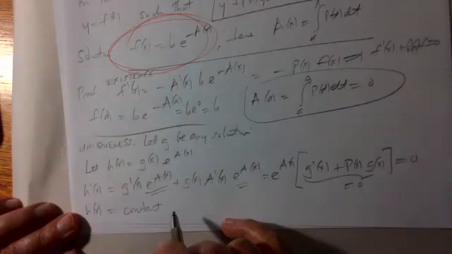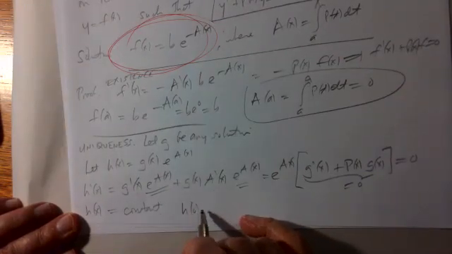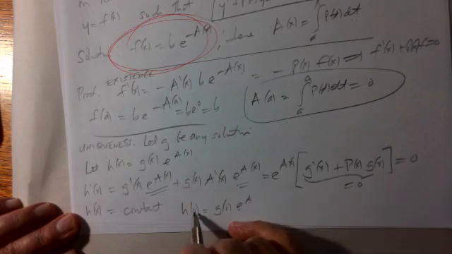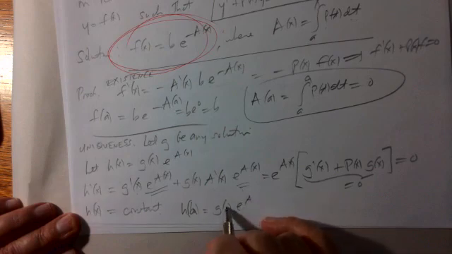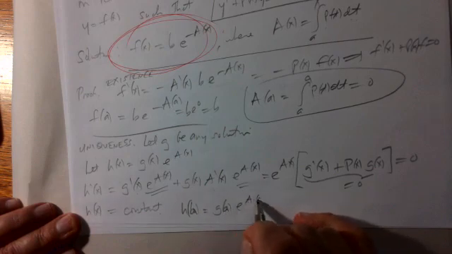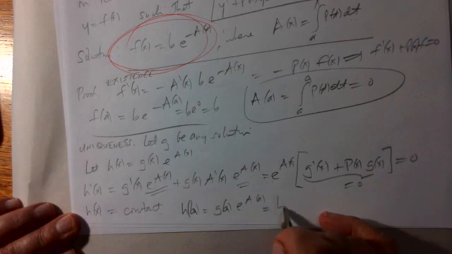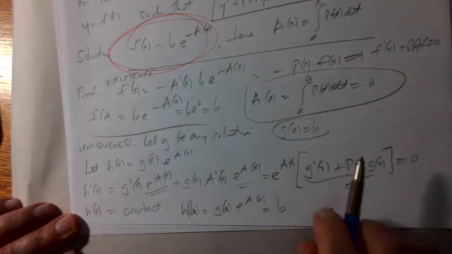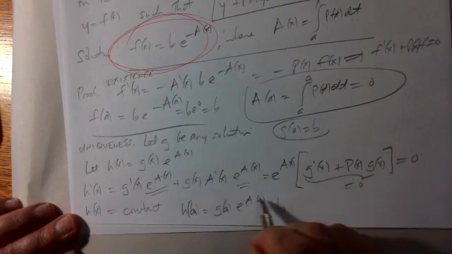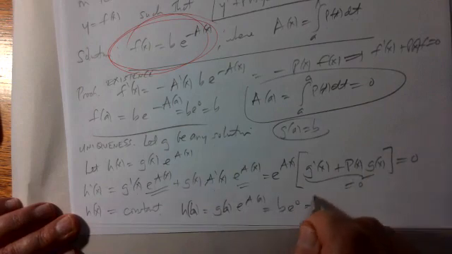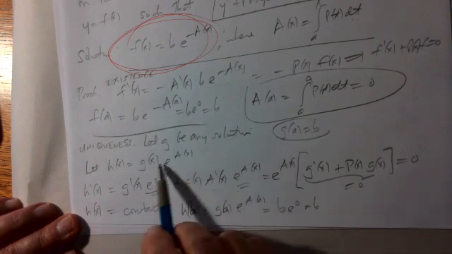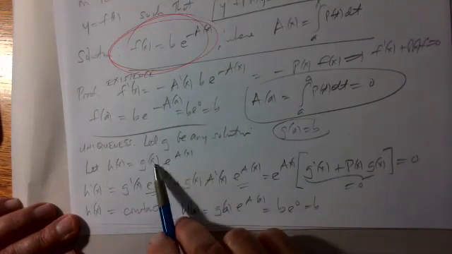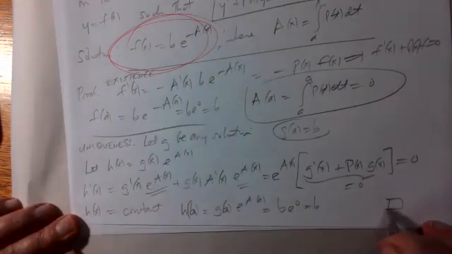What is the value of the constant? H of a is g of a e to the capital A of little a. G of a is equal to b, right? G satisfied the initial condition. And e to the A of a is e to the 0, which is 1. So this function h of x is constant, it's equal to b, which means g of x is b e to the minus A of x.